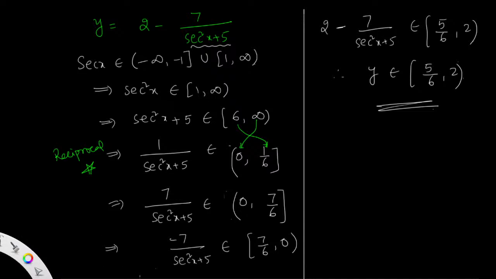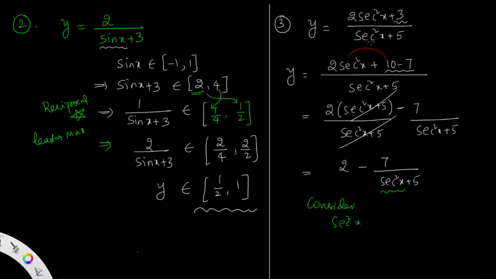First, what we have taken: in simplification two terms are there, so secant square x plus 5 is there, and that is why I am taking 2 common. I converted 3 as 10 minus 7, then split the numerator and denominator. I am explaining once again. So 2 secant square x plus 3 divided by secant square x plus 5.